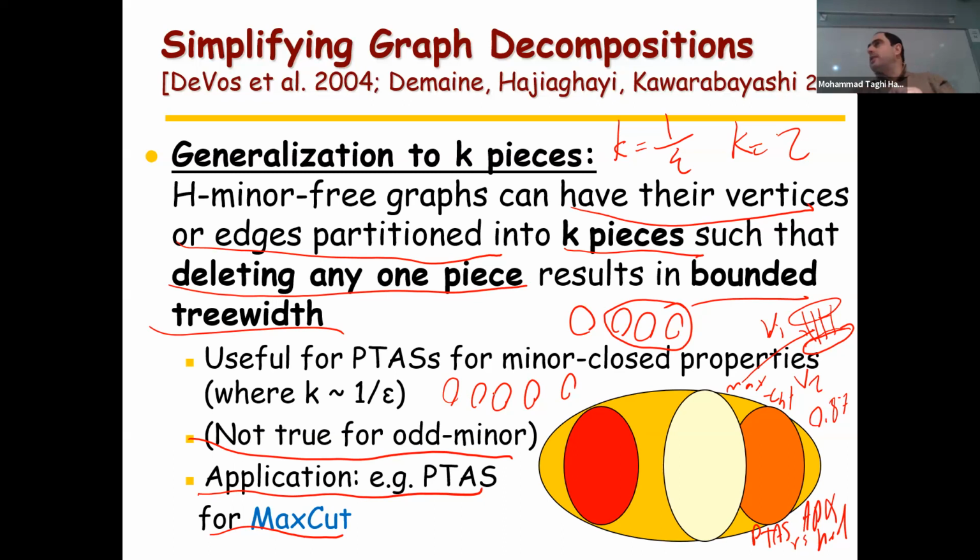Here we are using the edge version. Previous time for coloring, we used the vertex version. Here we are considering the edge version.